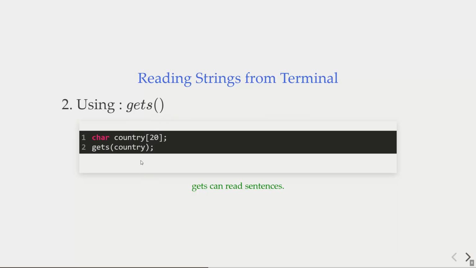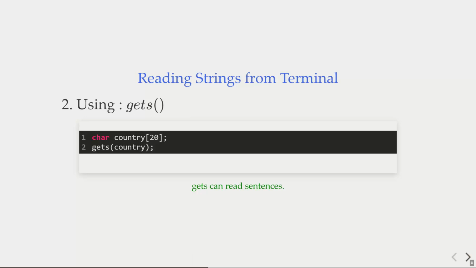The way we use it is pretty similar to scanf. The only thing is it doesn't take input in a formatted way. It simply takes input and stores it into the variable that you give. So this is the syntax: you give gets and the variable name, that's it.